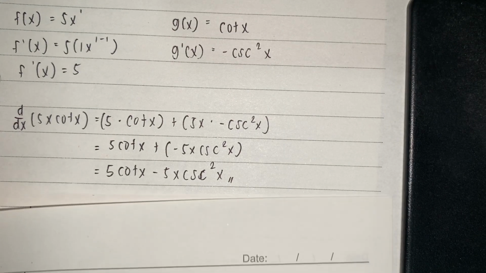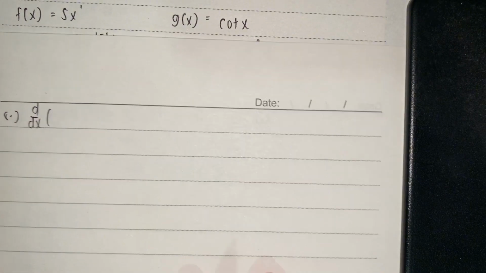So now we're going to move on with the last example for today's video, which is going to be number 8, the derivative of, what did I do last time? Product.